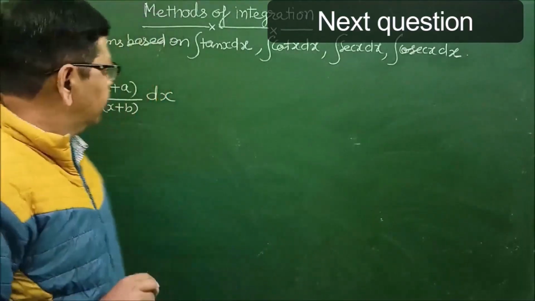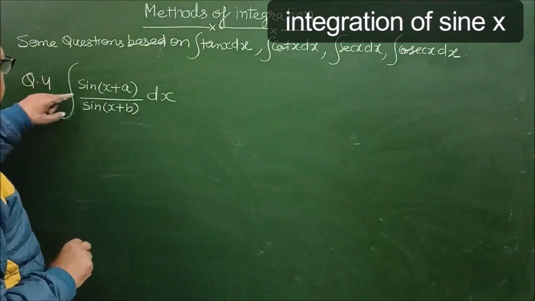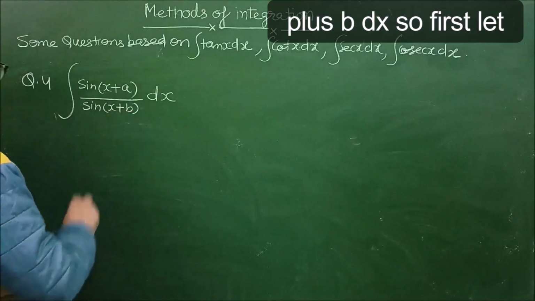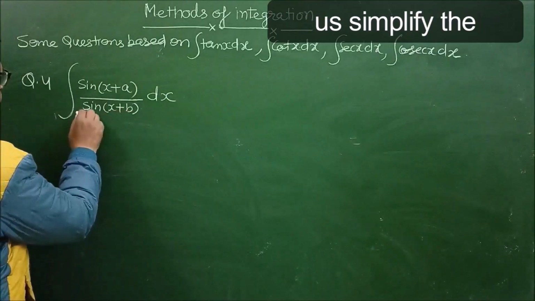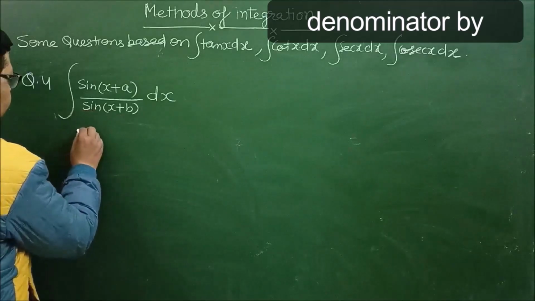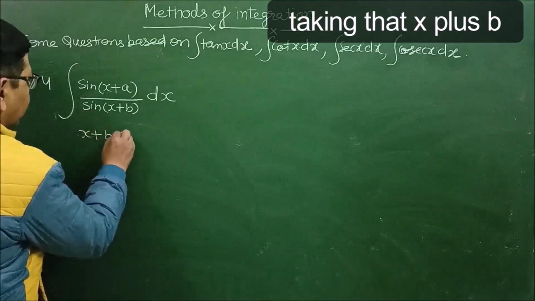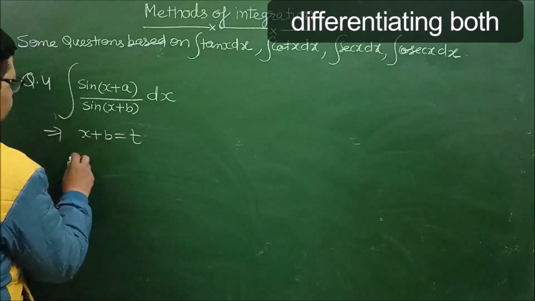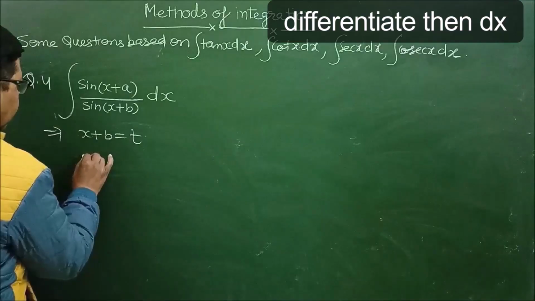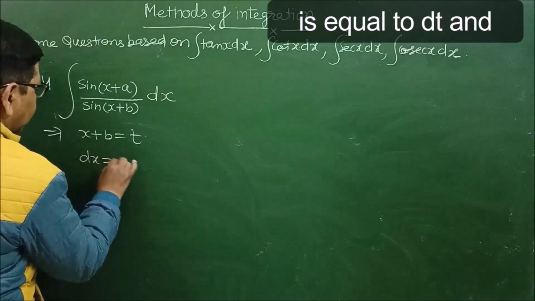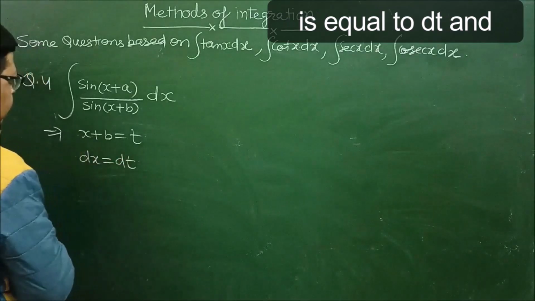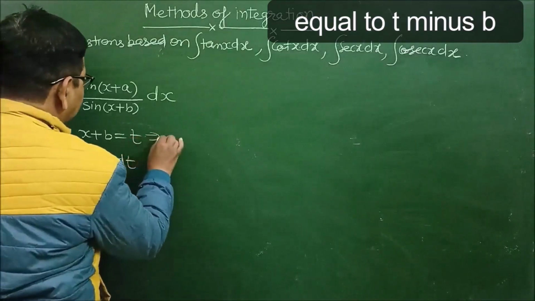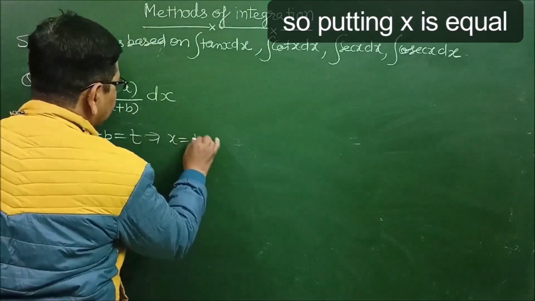Next question. Integration of sin(x plus a) upon sin(x plus b) dx. So first let us simplify the denominator by taking x plus b is equal to t. On differentiating both sides, dx is equal to dt. And this gives us x is equal to t minus b.